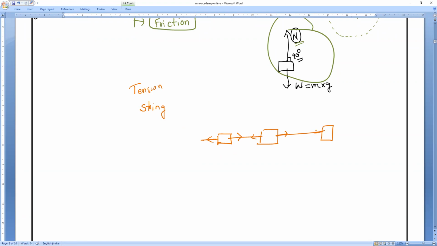One iron pole is attached and revolving. It is moving with the same angular velocity. Then they asked us to find the tension in each string individually. Am I right or wrong? Everybody respond, guys. Yes, sir.